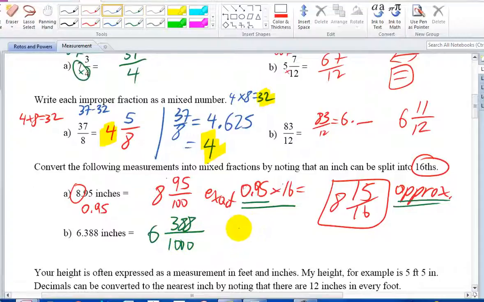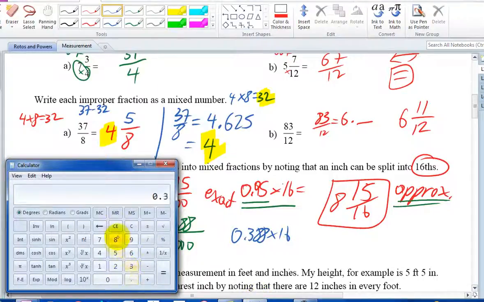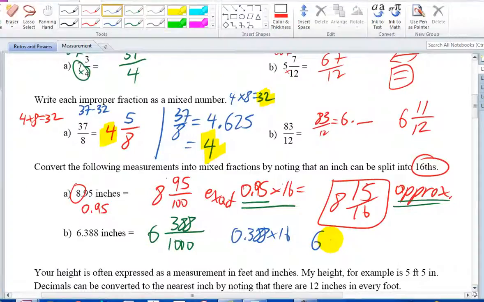And so then if we do the approximate answer, 0.388 times 16, so we have 6.2 16ths. So we're just going to leave it as a 6. So we have 6 as the whole number and 6 over 16. Okay, so that's the approximate answer.